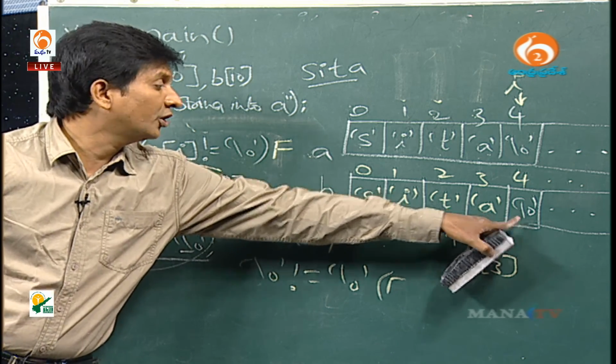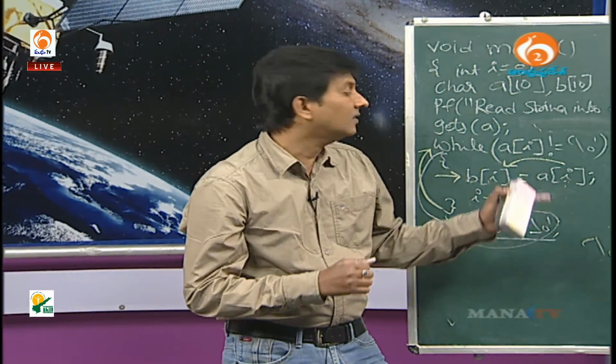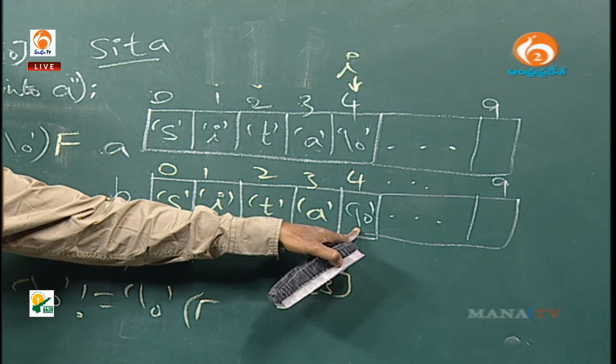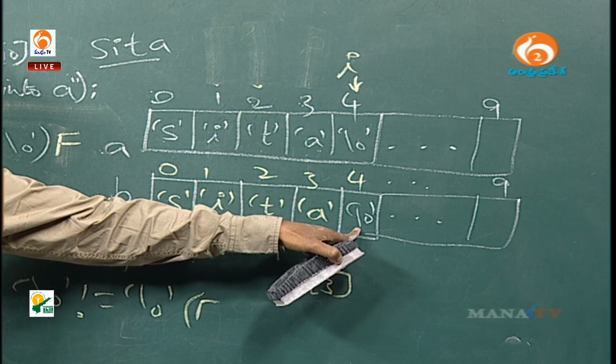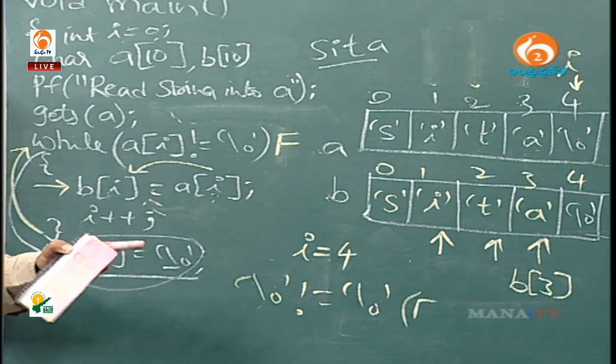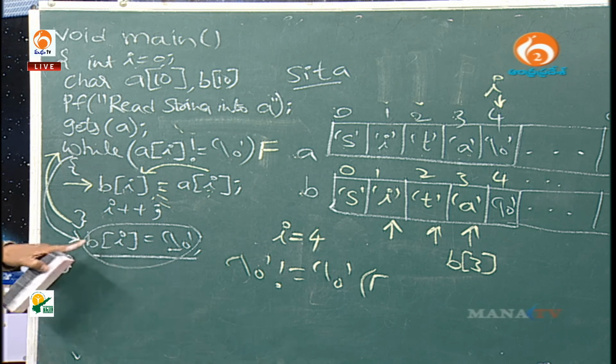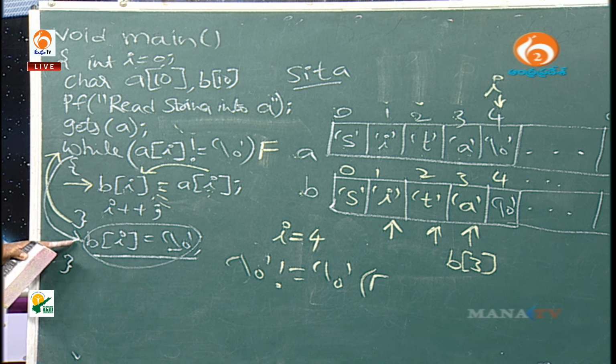If it is not there, the system thinks some string is still there in the array, and it leads to undefined output, means Sita and something else. Okay. Hope you understood this one.